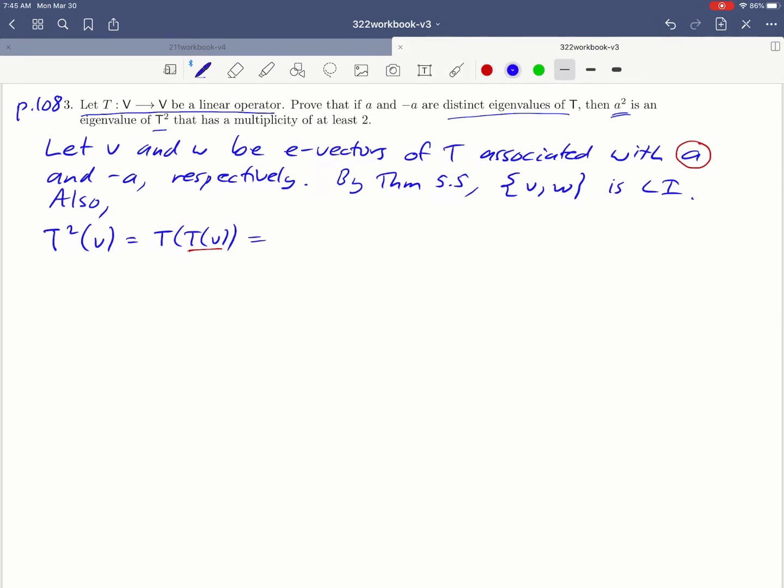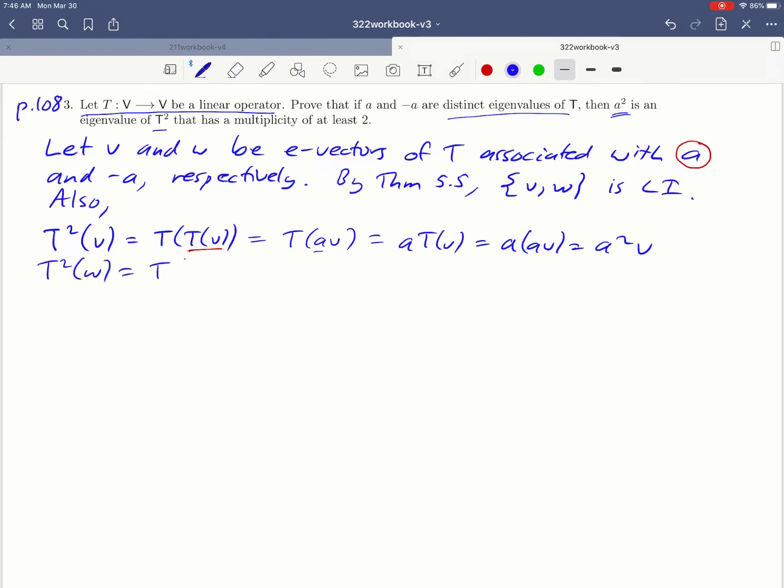So by definition of an eigenvector, T of v has to be a times v. And then because T is linear, we can take this scalar a and pull it outside. Then we come down to T of v again, but v is an eigenvector, and so T of v is av again. So we wind up with a times av, that's a squared v.